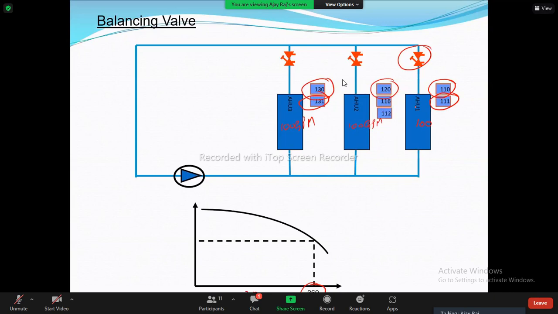Then I further throttle this. The moment this became 112, the flow across the last one also became 112. So the last and second last are now 112. The first one is 132.